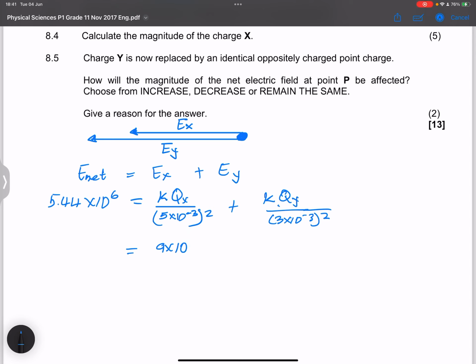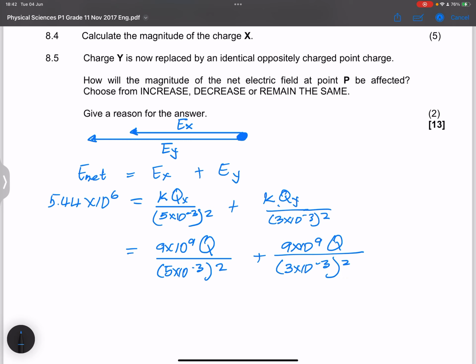So this is 9 times 10 to the power 9 q divided by 5 times 10 to the minus 3, all squared, plus again the same thing there, q divided by 3 times 10 to the minus 3 squared.